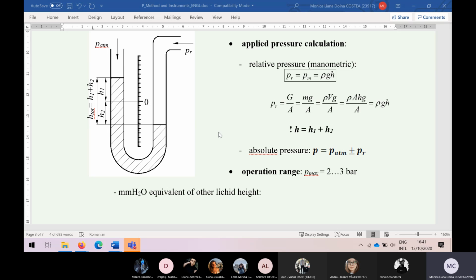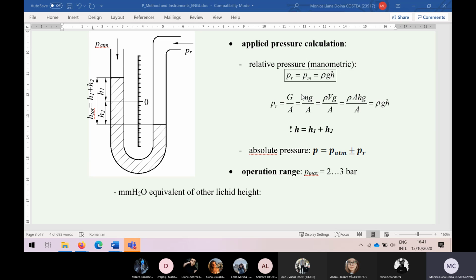for readings. All right, how we determine the relative pressure, starting from the definition, you see, the weight divided by the cross-sectional area. The weight is mass times gravitational acceleration, because this pressure is created by the gravitation.